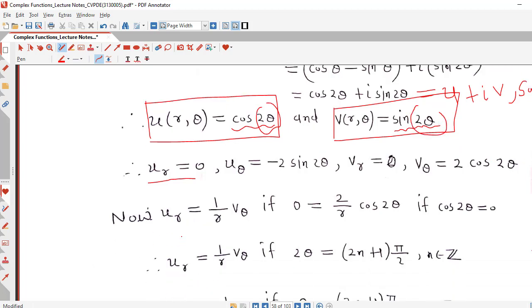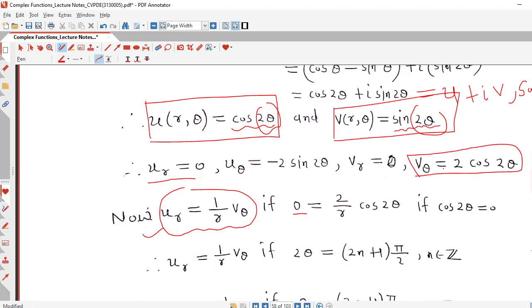Now we have to check at which points these two functions are equal. So we are going in reverse way. Suppose these two are equal. So these two are equal if del u by del r, means 0, equals 1 by r into del v by del theta. So we multiply this by 1 by r.